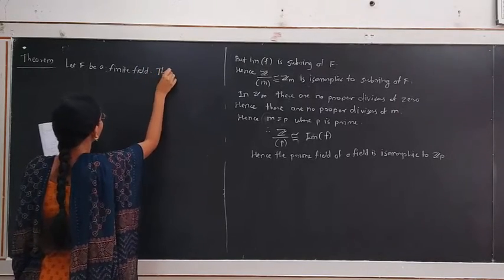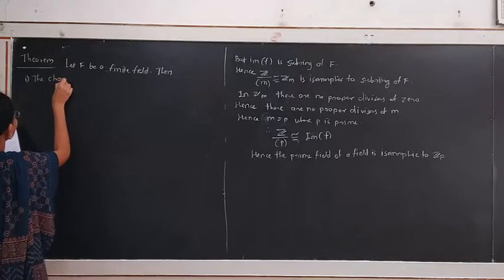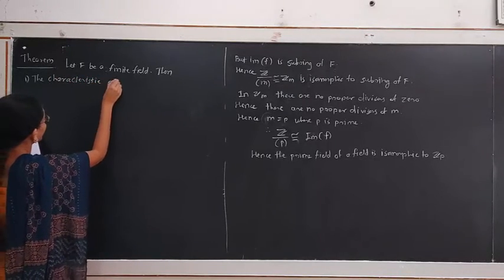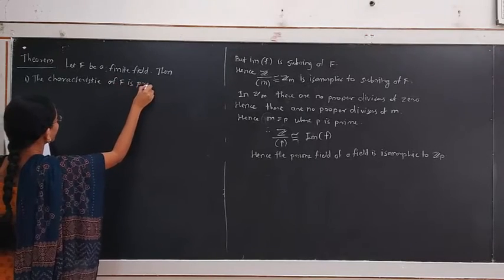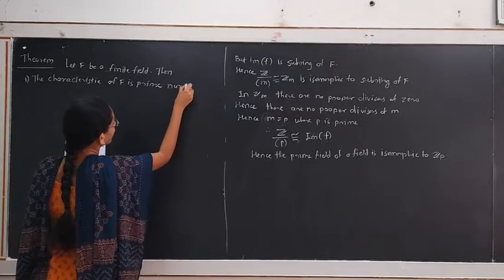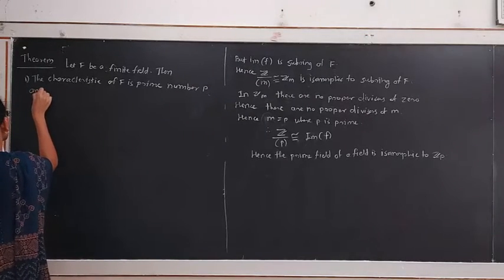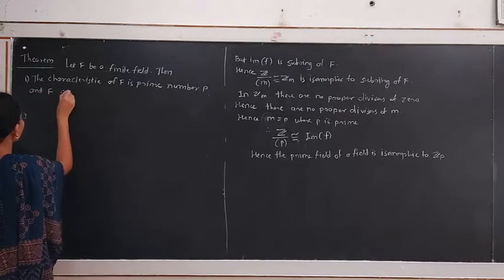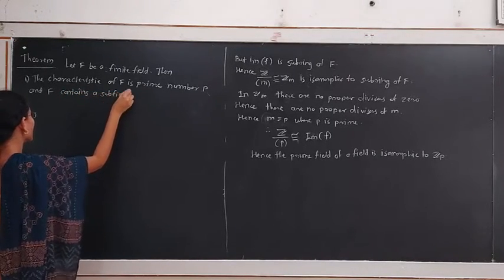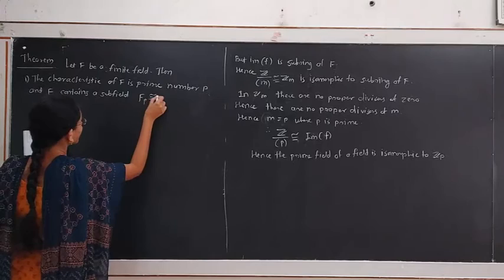Then first, the characteristic of F is a prime number p and F contains a subfield Fp isomorphic to Zp.